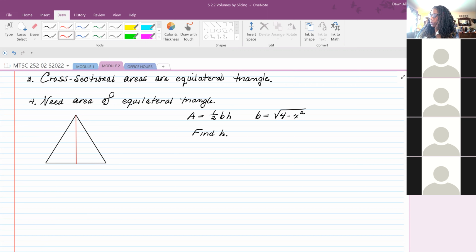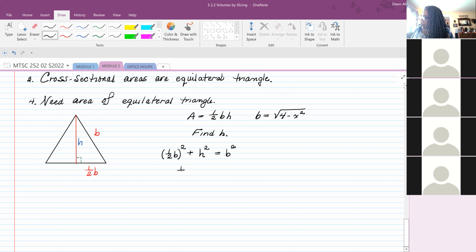Okay, so this side right here is 1/2 B, and this side is B. The reason why we know that side is B is because it's an equilateral triangle, so all the sides are the same. And this is H. So let's use the Pythagorean theorem because this is a right triangle. I know that 1/2 B squared plus H squared has to equal B squared.